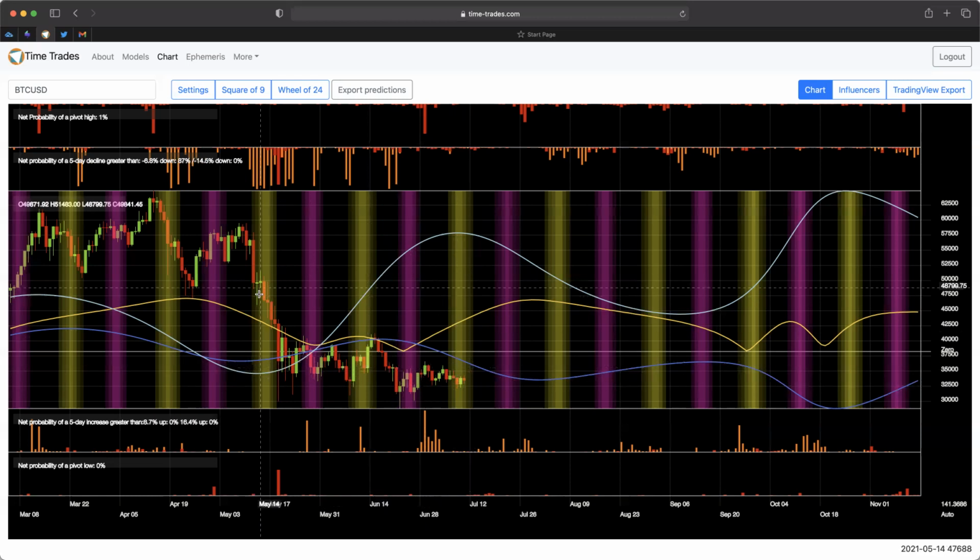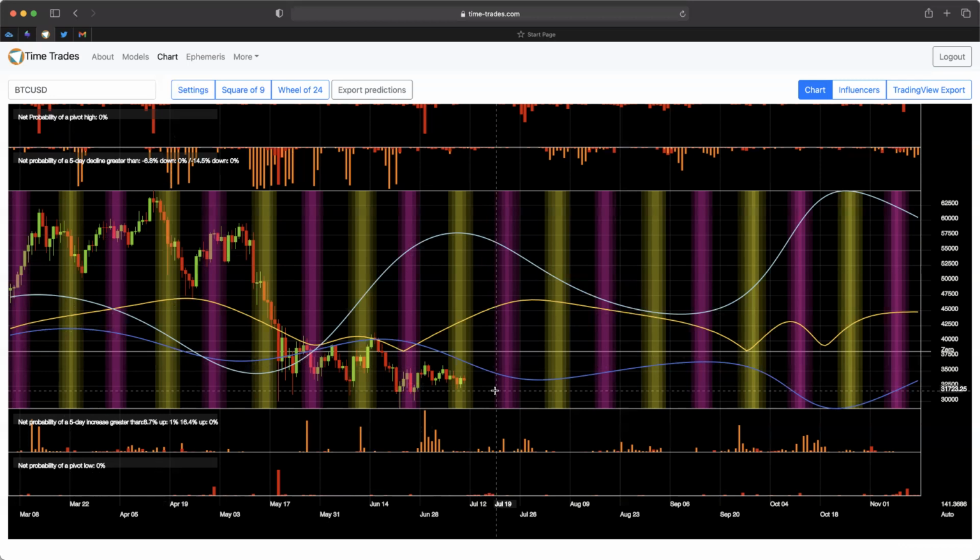So you can see before this most recent green period here, we had big moves in that green period, big moves in the green period in May, big moves in the green period in April, big moves in the green period in March. So things are really quiet, and I would interpret that as kind of a coiling of energy.